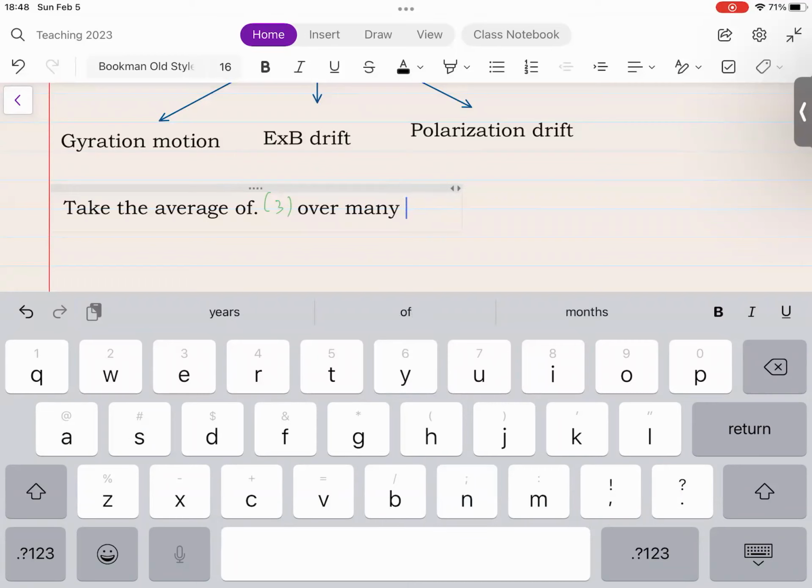Just to make things more neat, it is even better to take that average over many gyration periods.